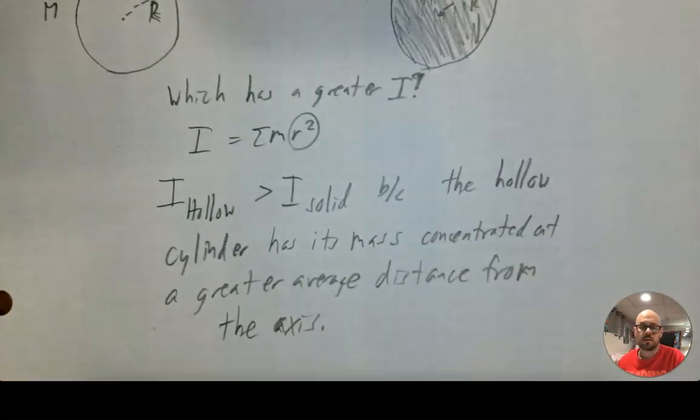Said another way, hollow objects will typically have higher rotational inertia than solid objects of the same dimensions.